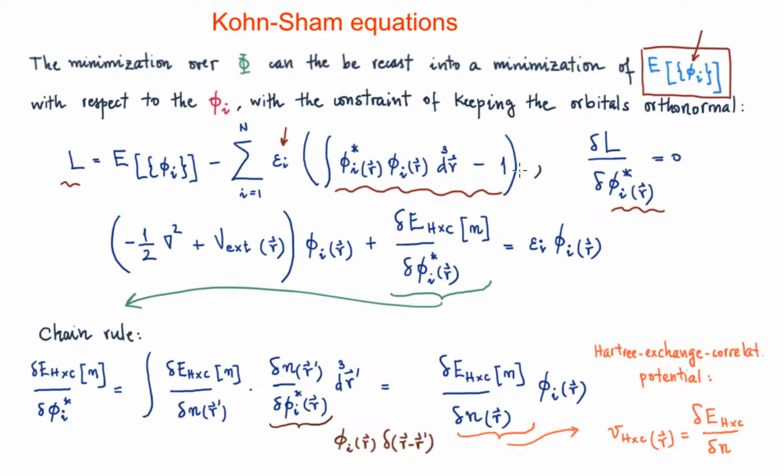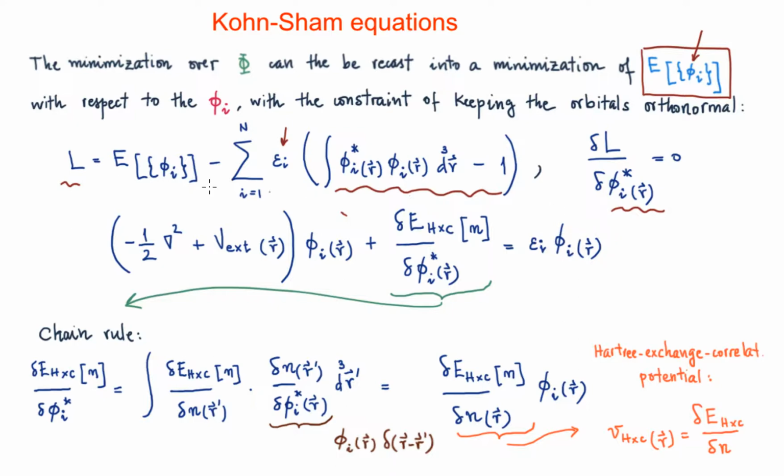And if we are doing the functional derivative of this L functional as a function of Ci complex conjugate, we have the first term here, this one, plus we have another term here, which is the functional derivative of the Hartree exchange correlation energy with respect to this Ci complex conjugate. This is coming from this term here, and this term here is coming from this Lagrange multiplier, epsilon i times Ci.